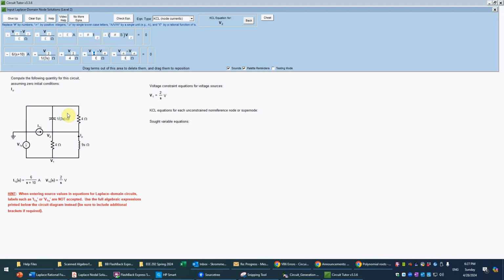And then for the other 4 ohm resistor, we have V2 minus V1 divided by that 4 ohms. And finally, for the inductor, we have the same V2 minus V1 divided now by the inductive impedance, which is just the 9s ohms. So that should complete that equation.